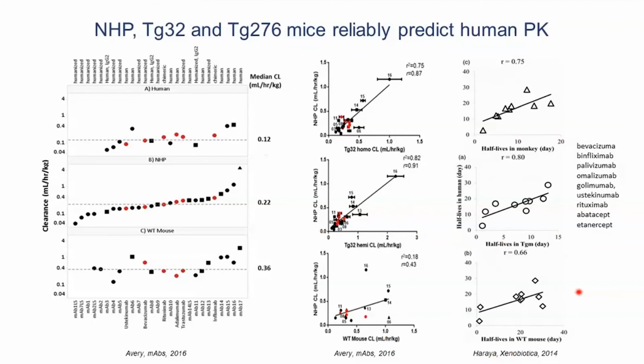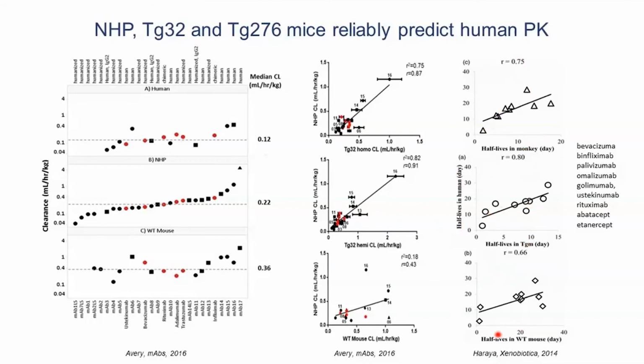Haraya did a similar study using these antibodies here, this set, and they compared half-lives in humans. In this case, they compared it versus non-human primate, and it yielded a good correlation of 0.75, and a similar or better correlation when compared to TG276 mice.